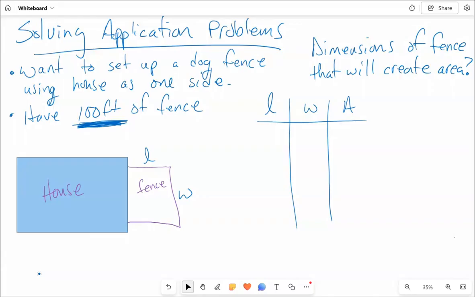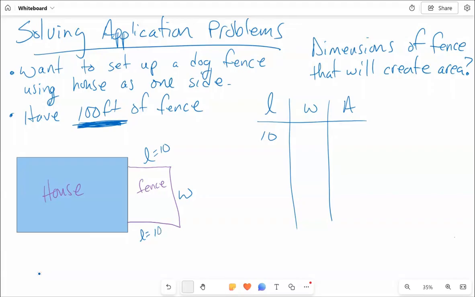For example, let's suppose that I choose the length to be 10, and I'm just arbitrarily throwing out a number. Well, if this side is 10, then because this is a rectangular fence, and we're going to assume that we're trying to make it rectangular, nice and neat, then this side is also the length because they're going to match. Opposite sides are congruent in a rectangle.